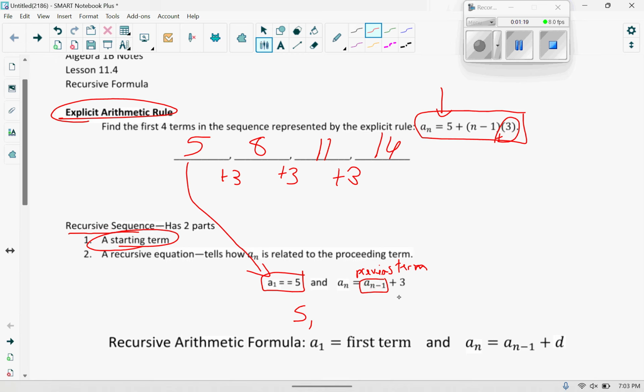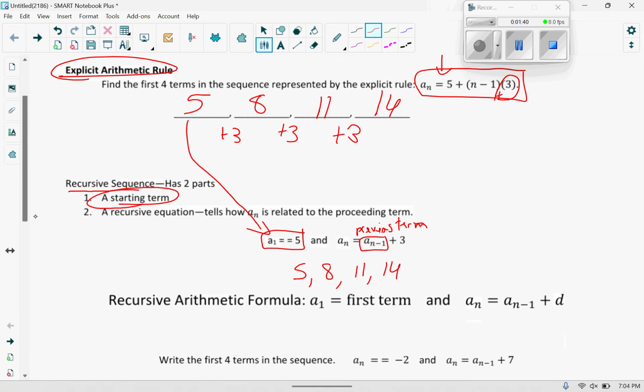And then I'm adding 3 to the previous term. So what's my previous term here? It's 5. So I add 3, which is 8, add 3, which is 11, add 3, which is 14. So it's the same thing. It's describing the same thing in a different way. So you need to be comfortable with both the explicit and the recursive rules for these.